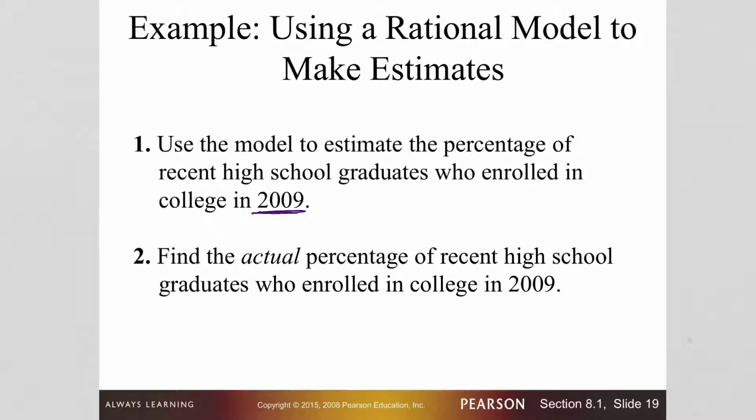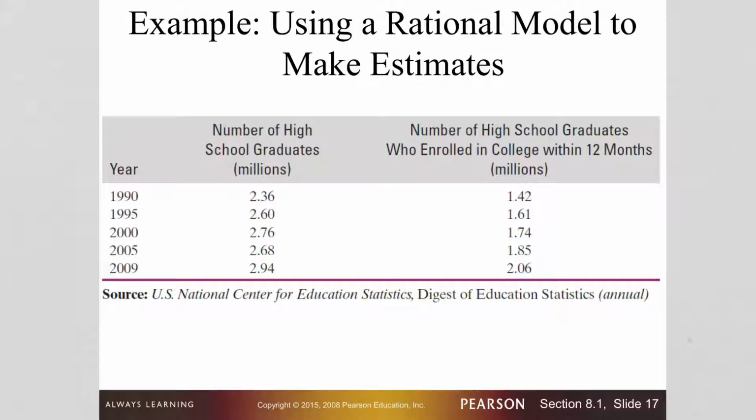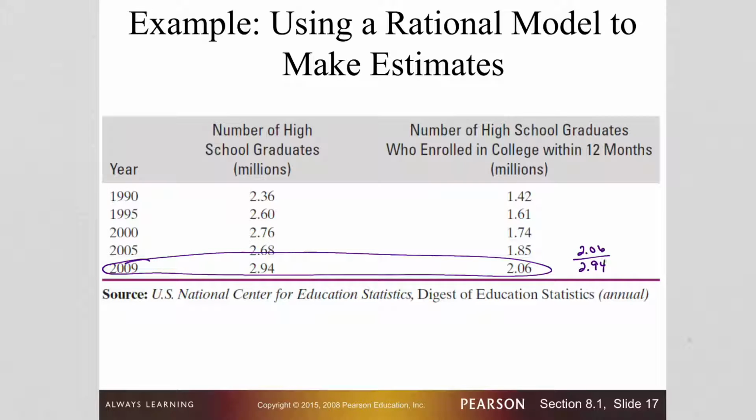Okay, so then let's take a look at the next question. The next question says, find the actual percentage of recent high school graduates who enrolled in college in 2009. So let's go back and look at our table. So 2009, this is what we're looking at. To find the actual, I would take 2.06 and I would divide it by 2.94.